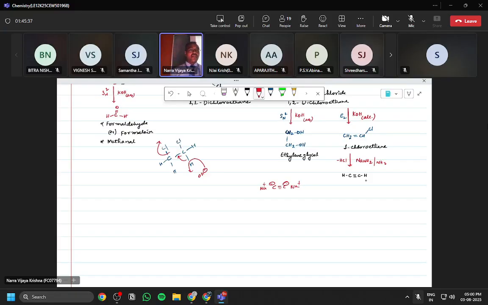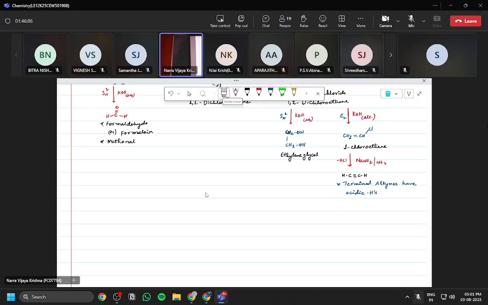Clear? Or better, I will write one thing. Terminal alkynes have acidic hydrogens, correct? Any questions? KOH can remove only HCl once.